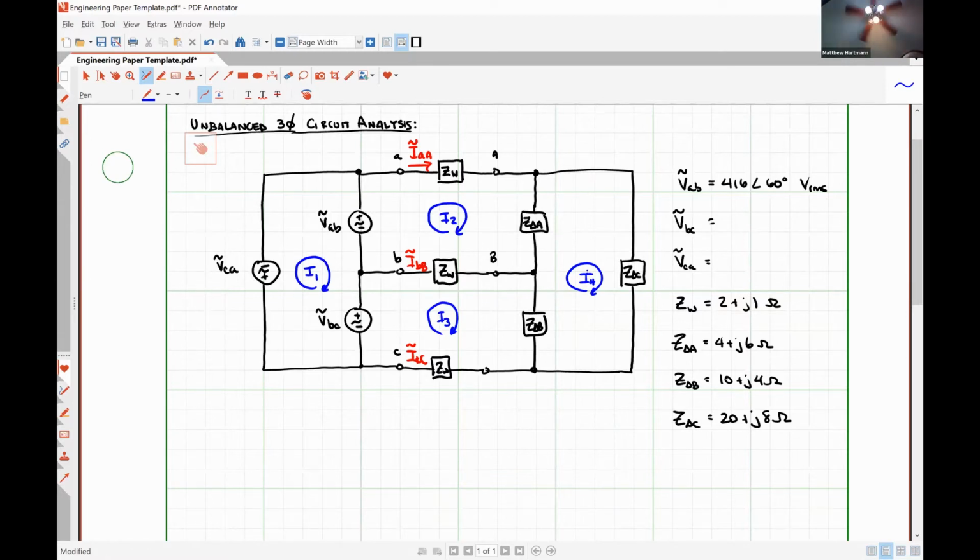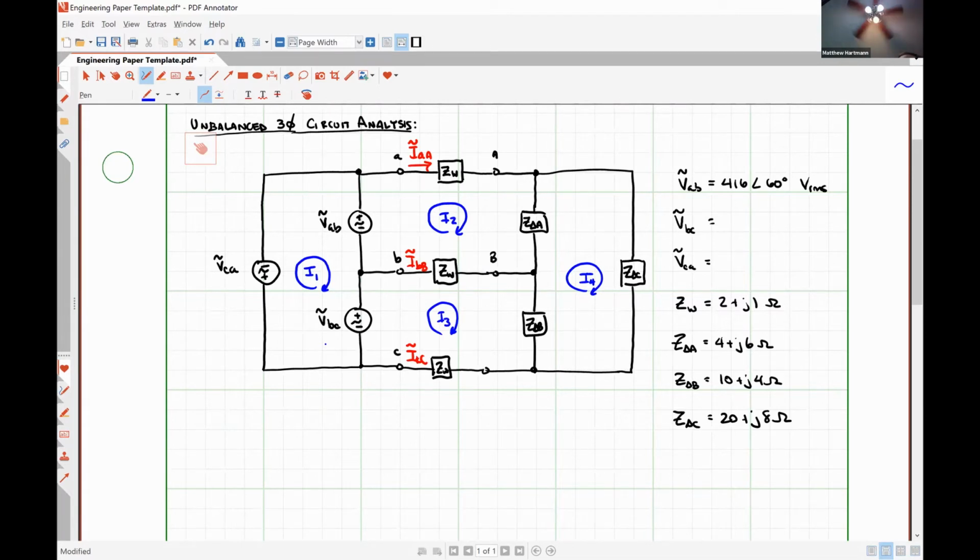And as it turns out, we're not actually going to see a whole heck of a lot of mesh 1 in our circuit analysis. And so what I mean by that specifically is if we were to do Kirchhoff's voltage law around mesh 1, because our source is balanced, we would find that we're just going to have the sum of the voltages is equal to 0, which doesn't really help things out a lot. So it may be in our best interests to develop a slightly different relationship here.